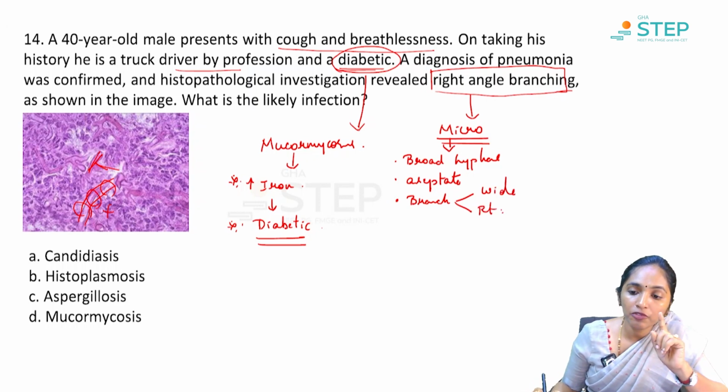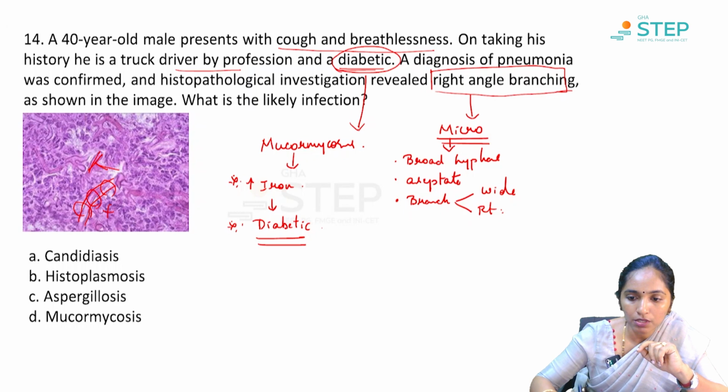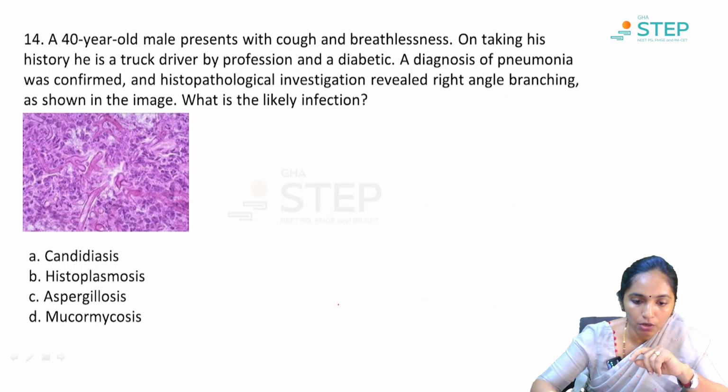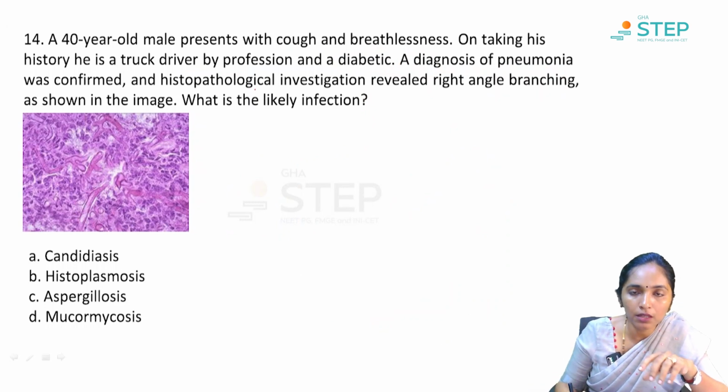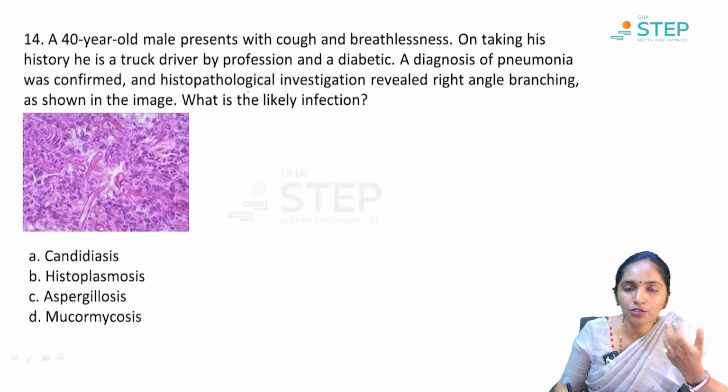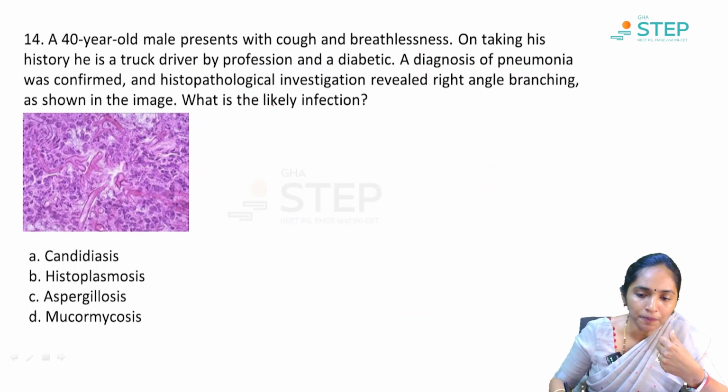Okay. With this particular mucormycosis, what else should be differentiated is, mainly we should differentiate it from aspergillosis, which is almost the same, but the risk factor can be anything else, neutropenia, steroid therapy, not necessarily diabetes. Okay.